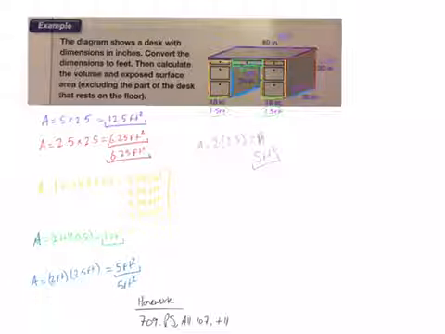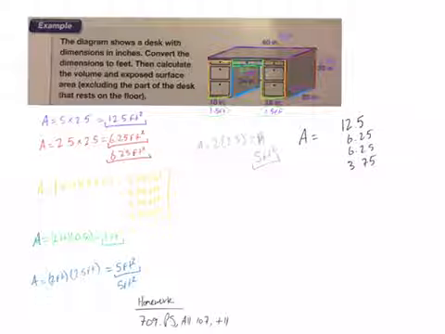Alright, so now to find the total area, we need to add up all those numbers. 12.5, 6.25, 6.25, 3.75, 3.75, 3.75, 3.75, 1.00, 5.00, 5.00, and another 5.00.